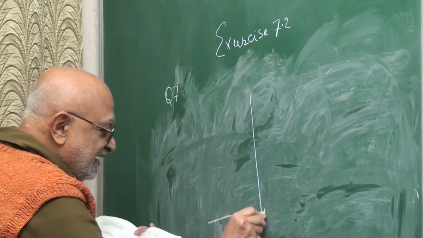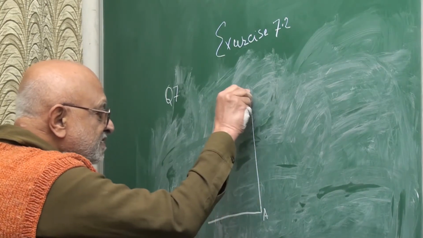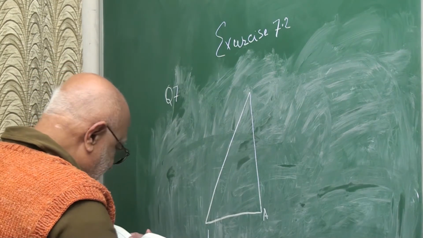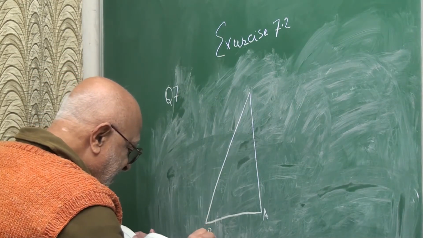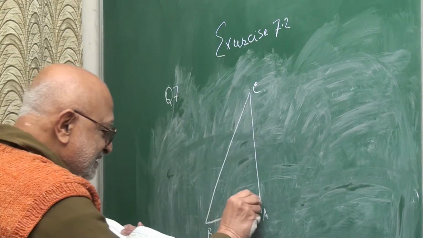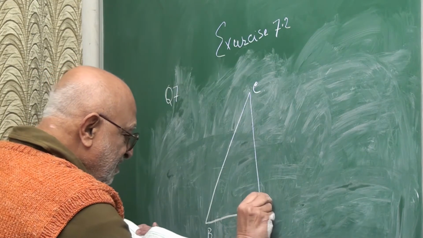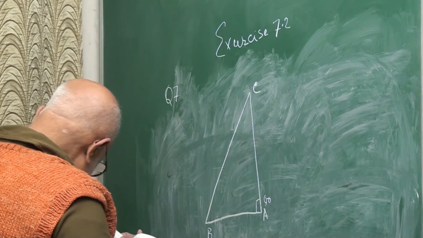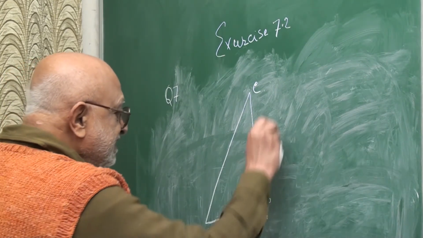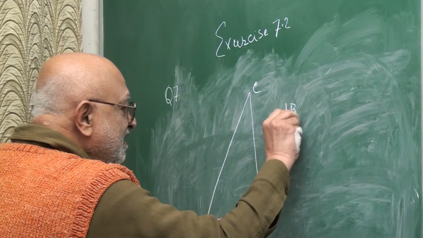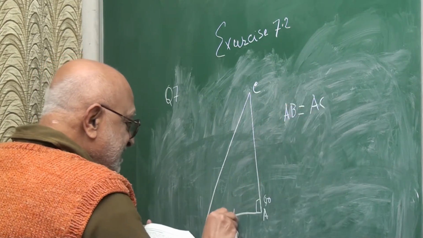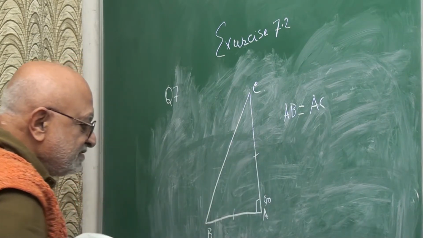This is right angle at A. The figure is not given. A, B, and let us call it C. This is 90, in which AB equal to AC. So this and this are equal.